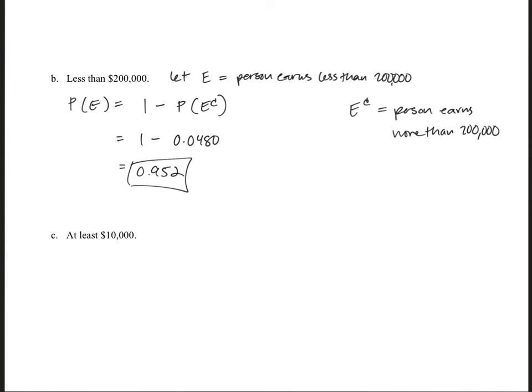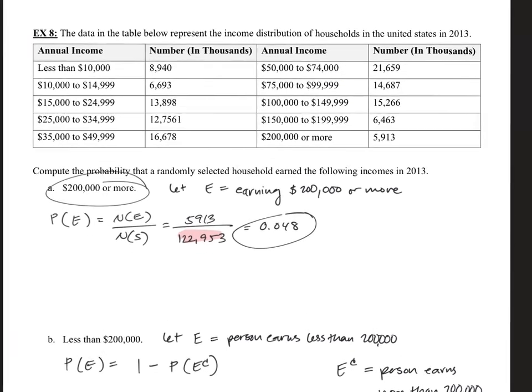Alright, so, next one. C, the probability the person earned at least $10,000. Okay, so let's let M equal person earns at least $10,000. So what would this be? Well, to compute that, let's look at our chart.